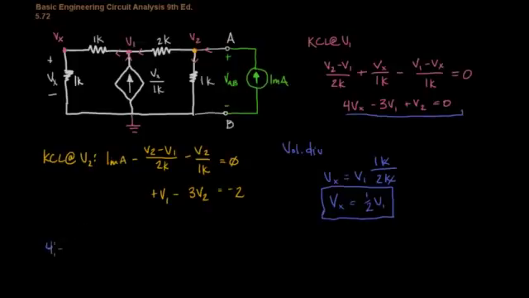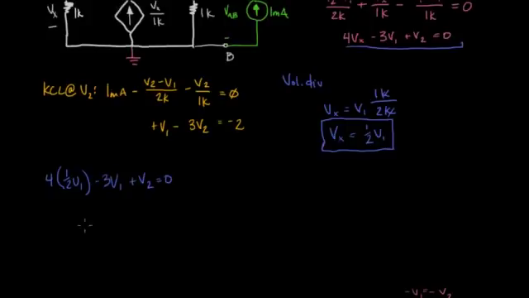That's 4 times 1/2 V1 minus 3V1 plus V2 equals 0. Then we get 2V1 minus 3V1, so we get minus V1 is equal to minus V2. And so you can see then that V1 is equal to V2.